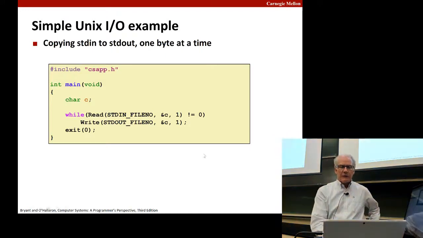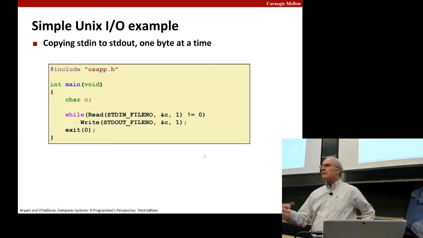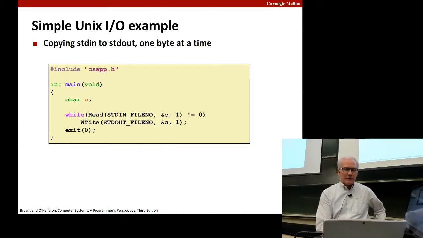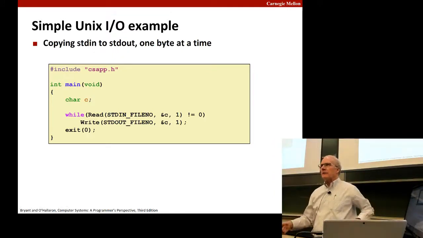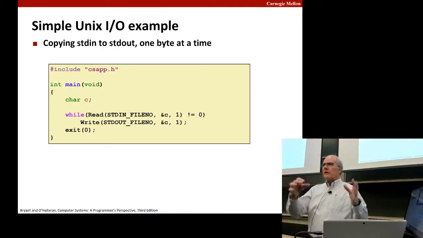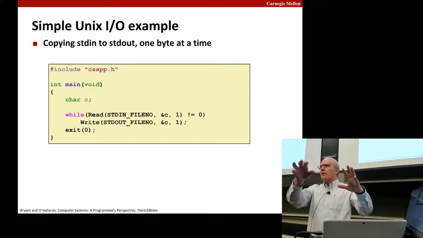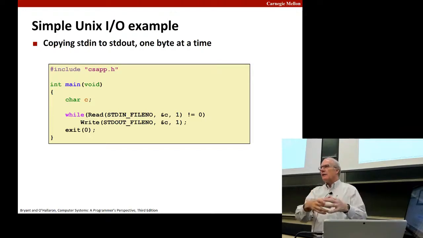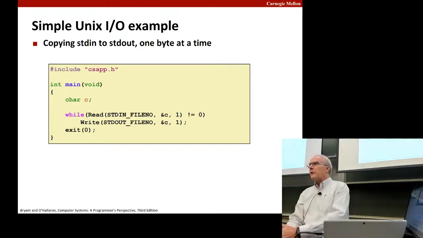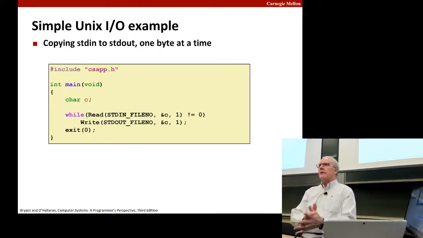This would be a very inefficient way to read from a file because every one of these reads has to make a system call to the operating system, which, as we talked about a couple times ago, means it will actually transfer control up into the kernel. The kernel will do whatever it wants, and then it will restore back. So it's treated as one of these exceptional control flow events.